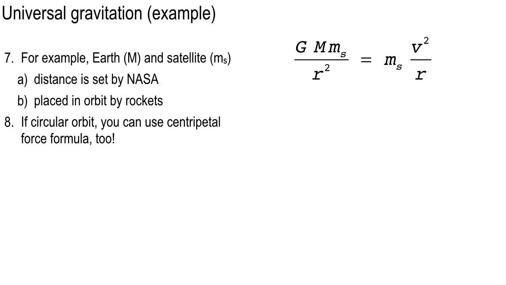It depends on the mass of the Earth, capital M, the mass of the spacecraft, m subscript s, and the distance that NASA wants to park it, a distance from the center of the Earth. And then on the right side, if it's on a circular orbit, automatically you've got centripetal force. So it's the mass of the spacecraft times v squared over r.